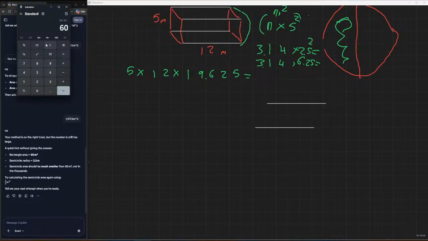Yes, I know. Okay? And the pi r squared is for sure 6.25. Did I do something wrong? So if we have 60, you know what? 3.14 times 6.25 times 6.